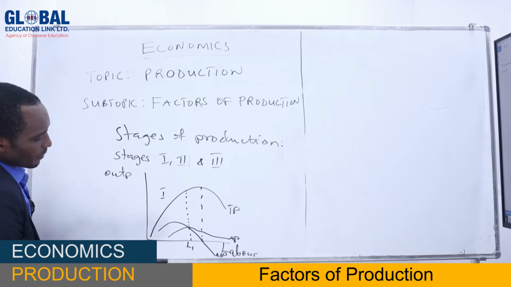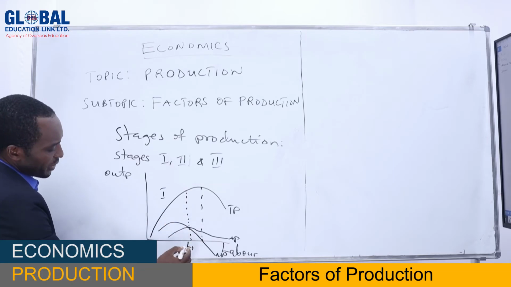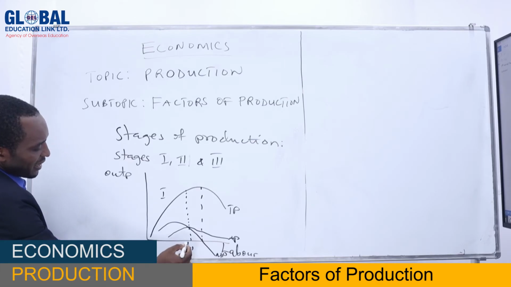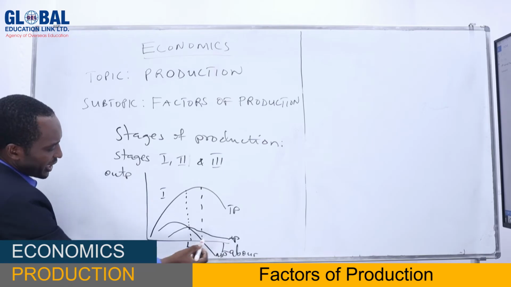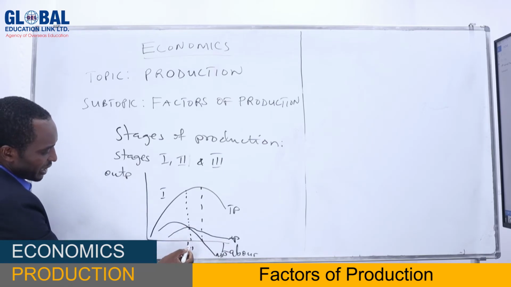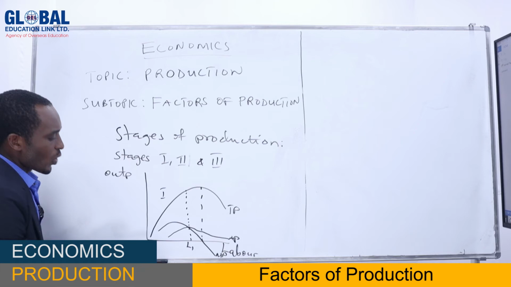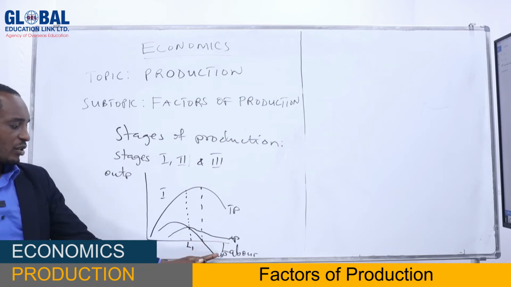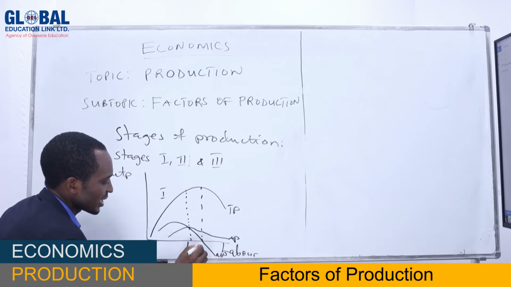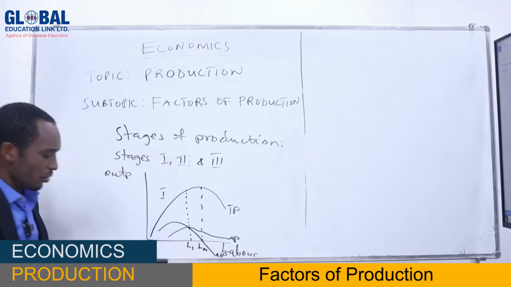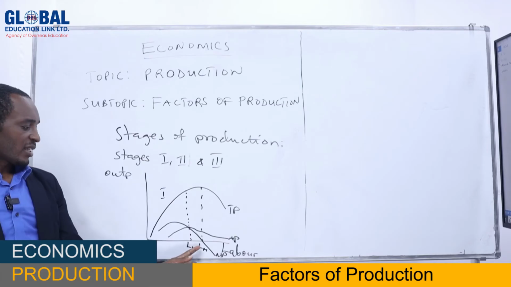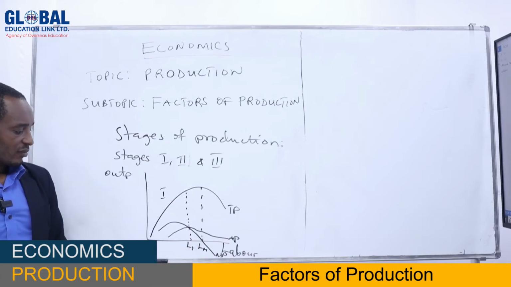And stage 2 starts when the marginal product is equal to the average product, at this point L1, up to when the marginal product is equal to 0. When the marginal product is equal to 0 at this point, I can put LM, so the labor will be LM.